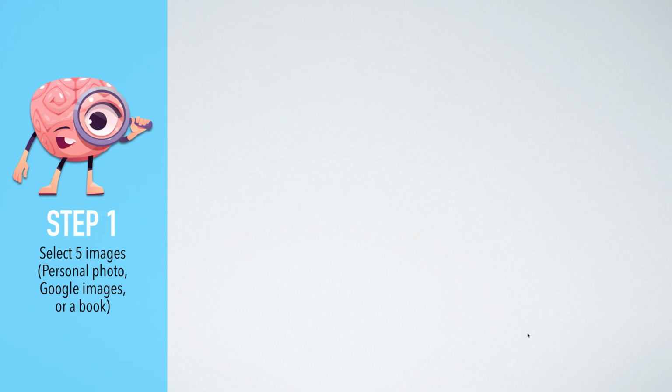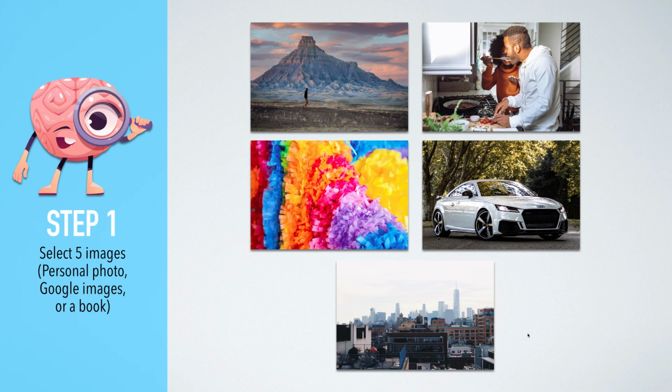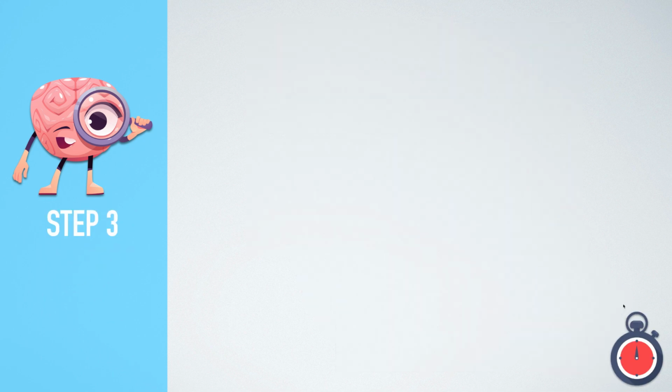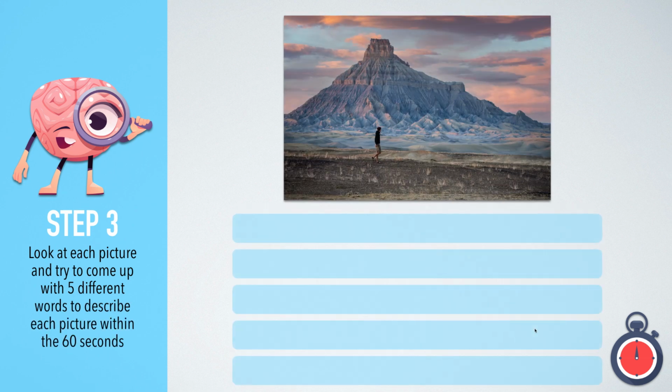Here we go. Step 1, I've selected 5 images. We see an image of a mountain, a couple, some beautiful colors, a car, a city line. Then I'm going to set a timer for 60 seconds. And finally, I'm going to look at each picture and try to come up with 5 different words to describe each picture within the 60 seconds.